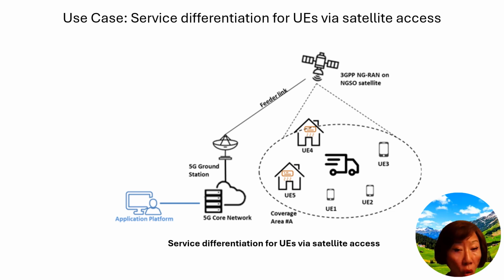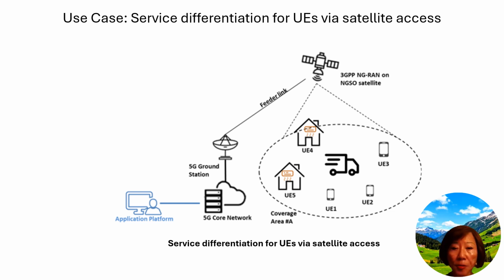We have the 5G core network represented by a server icon. This is the central part of the 5G network infrastructure, as we all know. And we have an application platform shown here as a computer and cloud icon connected to the 5G core network. For coverage area number A, a dotted outline encompassing various UE types.